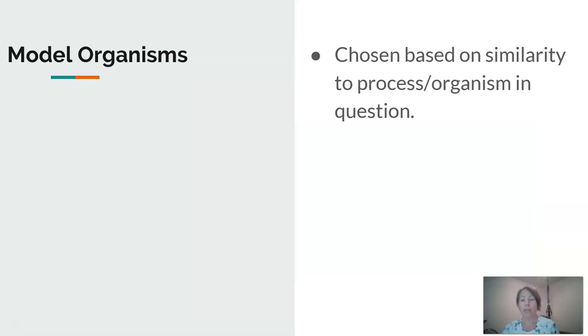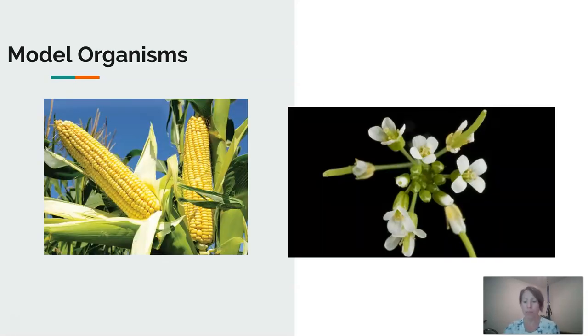They're also based on similarity to a process or an organism. So new model organisms are being developed all the time, trying to find ways to study different human diseases. So we need a system that's very similar to humans if we want to understand how a medicine works, for instance, or a treatment.